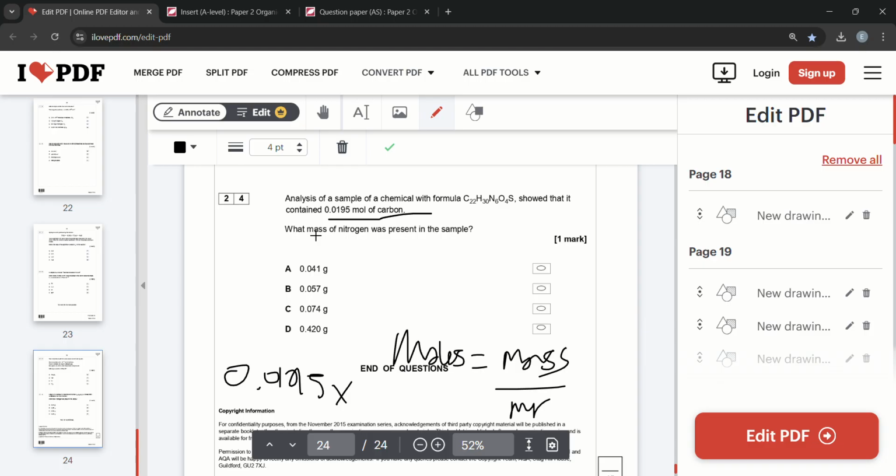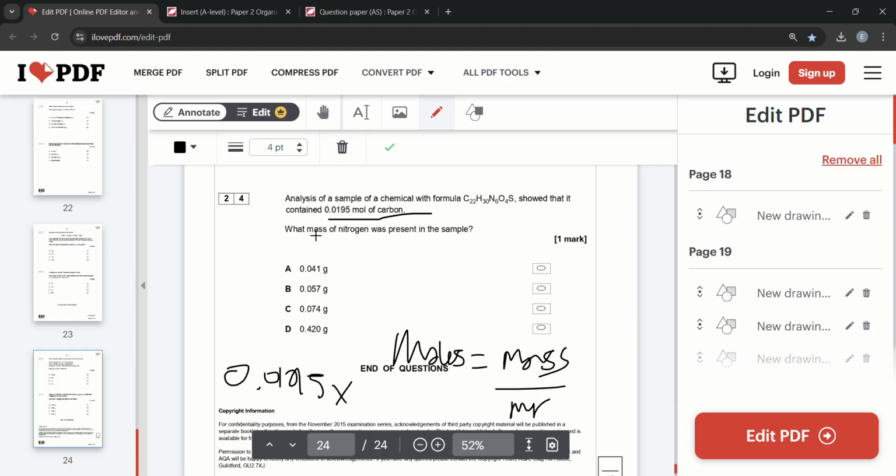Okay, let's try this again. 0.0195 times 12 divided by 22 times 6. Okay, yeah, I'm not getting this.